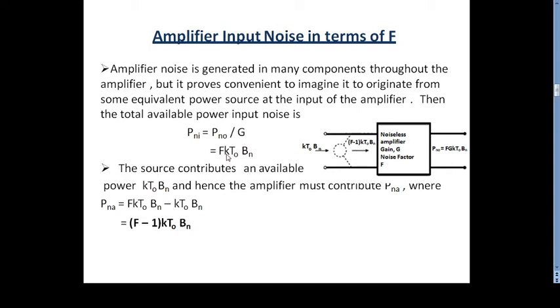Putting in the value of noise factor, we get the available noise power at the input as F into k into T0 into Bn. The source contributes part of this power, and the amplifier must contribute the rest. So the amplifier input noise in terms of noise factor is the noise power of the amplifier, F minus 1, into k into T0 into Bn.